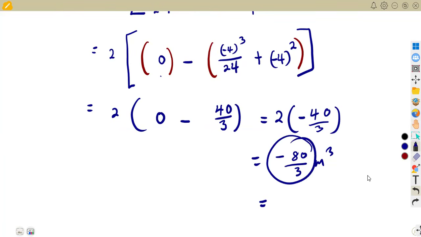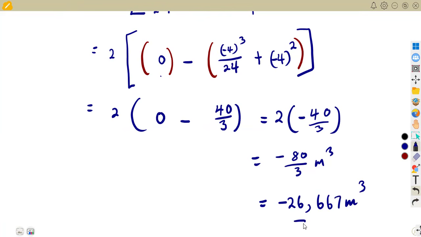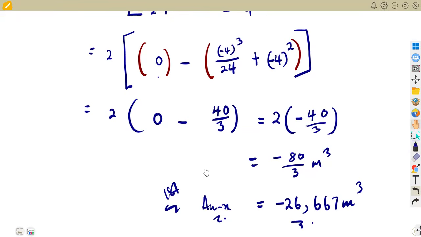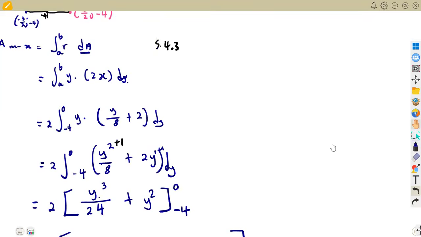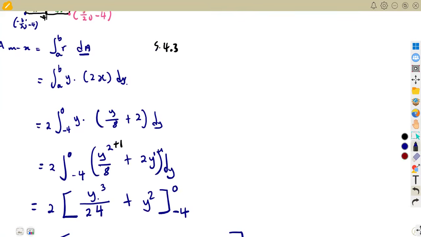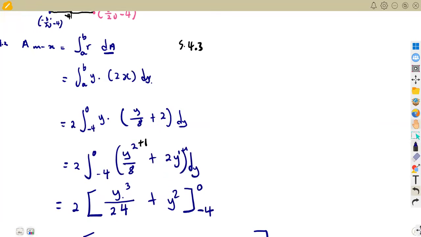I'm not saying if you use it like this, it's wrong. It's not wrong, it's one and the same thing. But just because we are given it as a decimal, so this is our first area moment, our area moment with respect to x. So remember from our formula sheet that the depth of center of pressure, which is the one we are supposed to calculate, is given as the second area moment over the first.